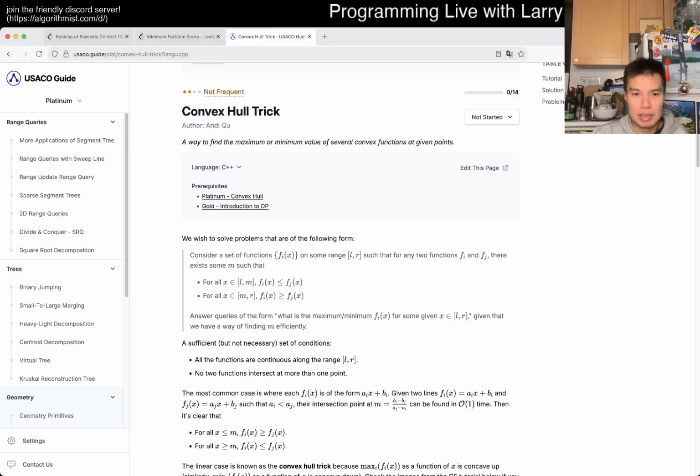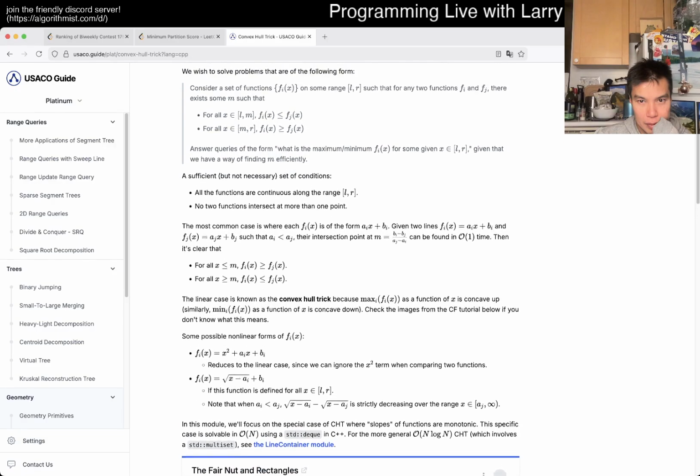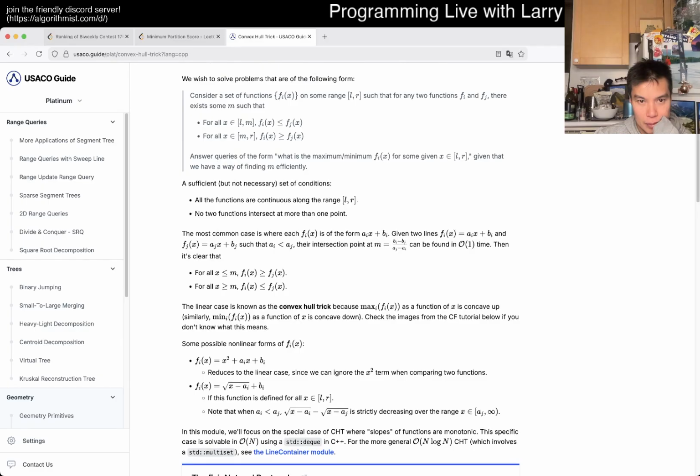Consider a set of functions. Why are you not trying to find? I'm so confused at the wording.